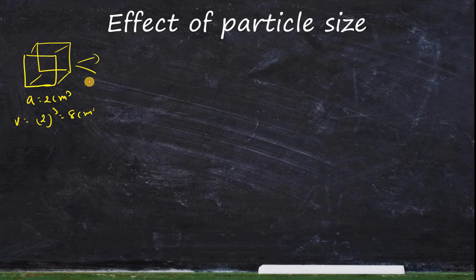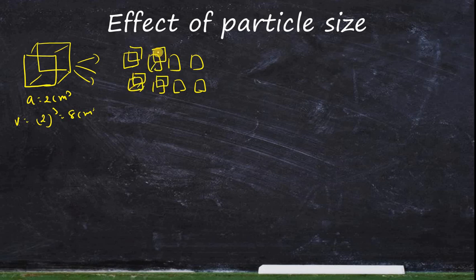Let's break it down into 8 small cubes which have a side of 1 centimeter, where A is equal to 1 centimeter. I make sure that they are occupying the same volume, because 8 into 1 cubed is 8. So basically the volume is the same.